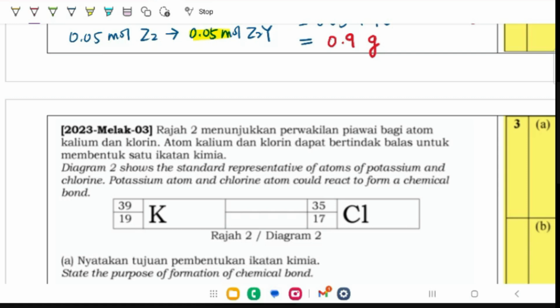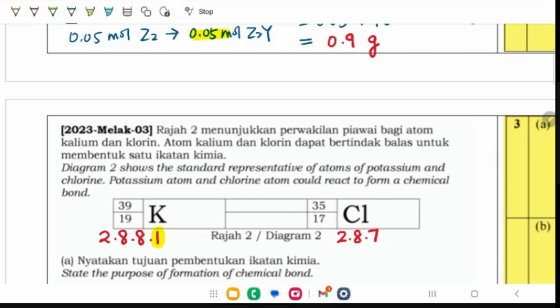Ionic. So you can write out the electron arrangement. For potassium is 2, 8, 8, 1, right? This one is 2, 8, 7. So one potassium atom loses one valence electron to achieve stable octet electron arrangement.